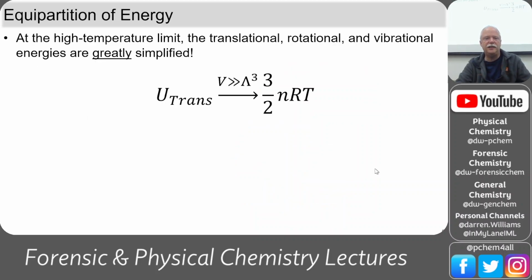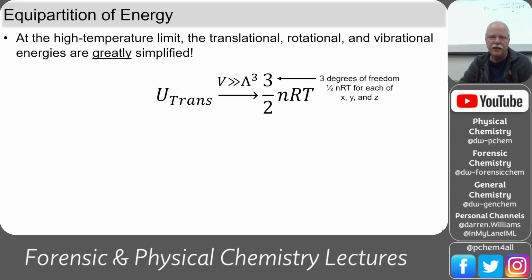Now, equipartition at high temperatures, it talks about the high temperature limit. I probably should use the word threshold, right? When you're above a certain temperature and higher, you have equipartition. And this is the energy for translational motion. And this is, again, 3 degrees of freedom. You get half of an RT for each of the degrees of freedom.